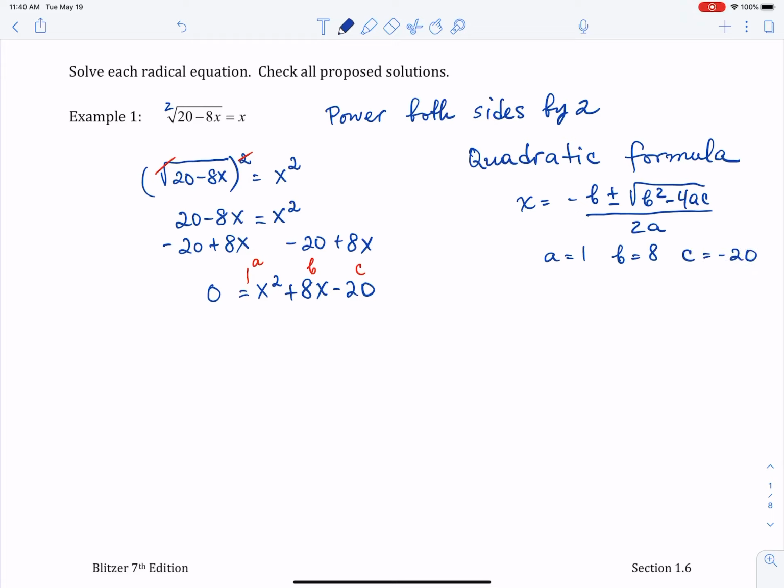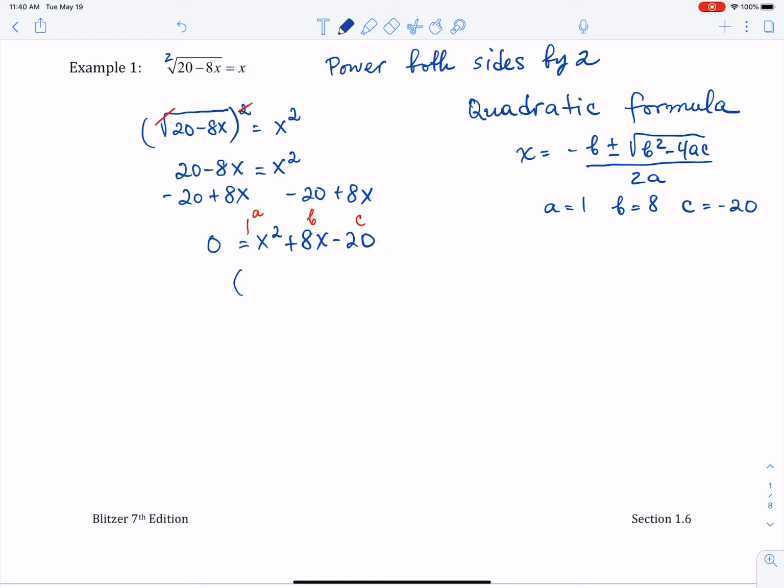We can also use factoring, which is quite easy in this case. Pretty much in this lecture, most of the questions would be easy to solve by factoring. And since 2 times 10 is 20 and 10 minus 2 is 8, x plus 10, x minus 2 is a good factorization of this problem.